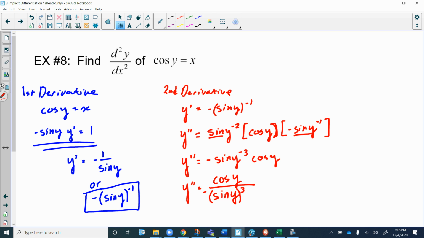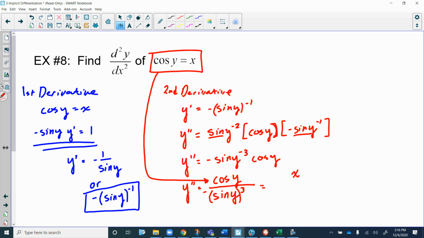Now here's where, again, are we done? Kind of, sort of, but not really. Because guess what? This again has to do with the cyclical nature of the trig stuff. We started with cosine of y is equal to x. So I'm going to swap x for cosine of y.